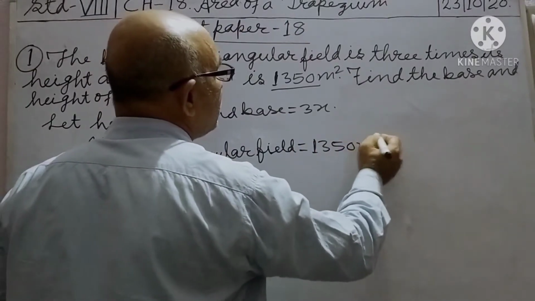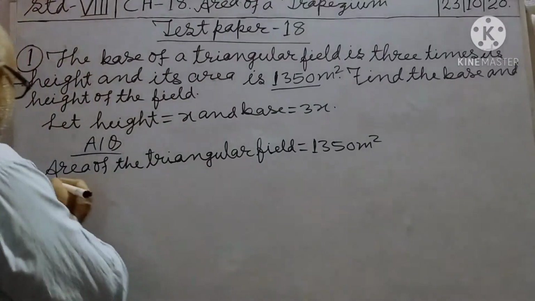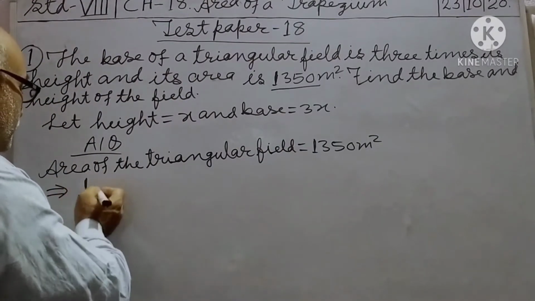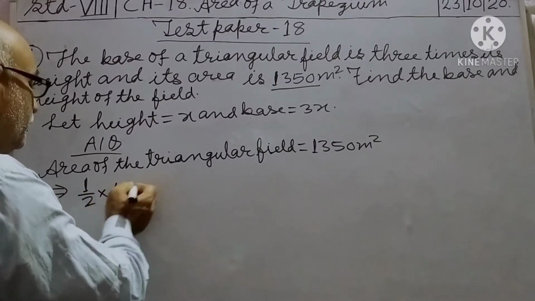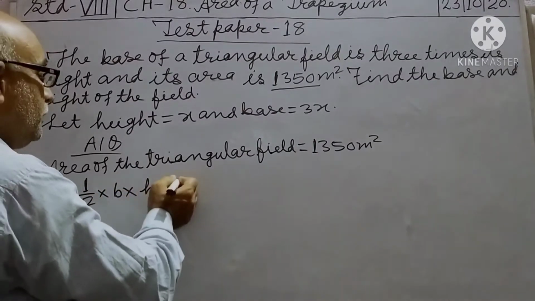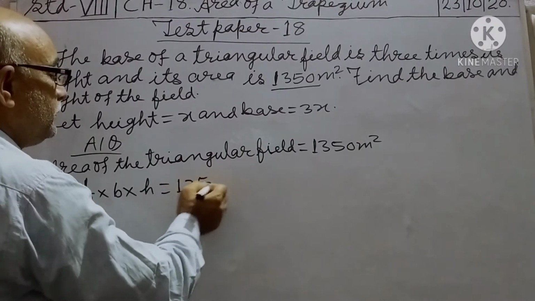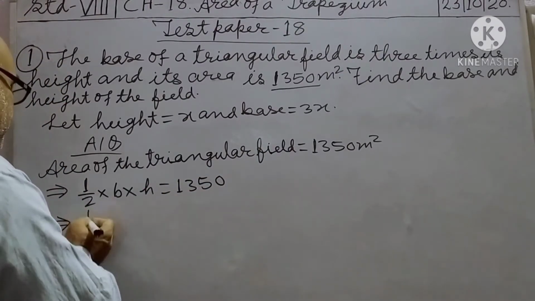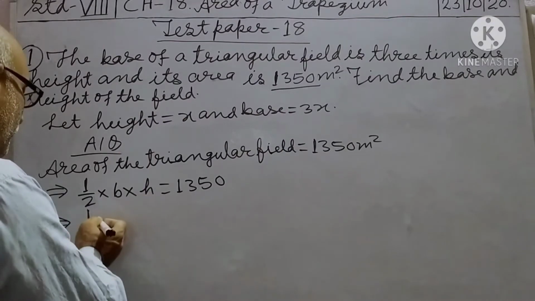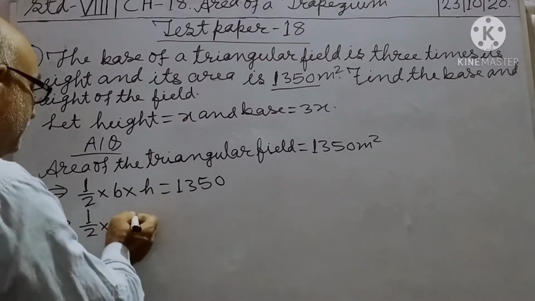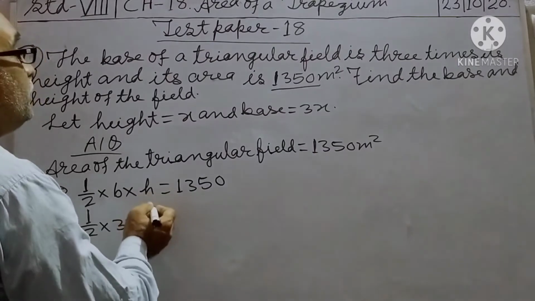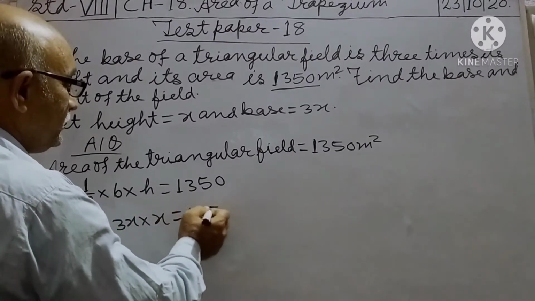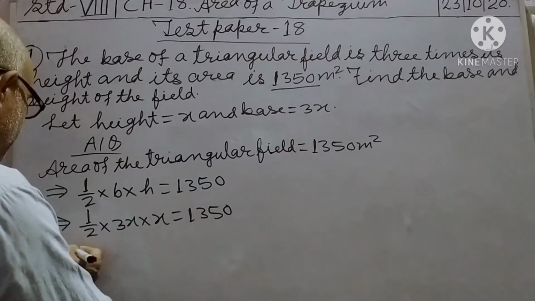1350 meter square. That implies area of the triangular field is 1 by 2 into base into height equal to 1350 meter square. That implies 1 by 2 into base is 3x into height is x. So 1350.